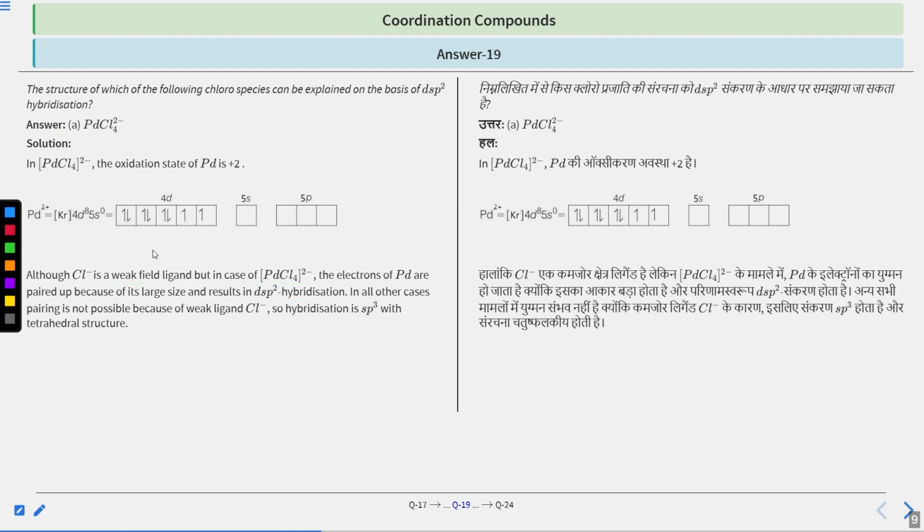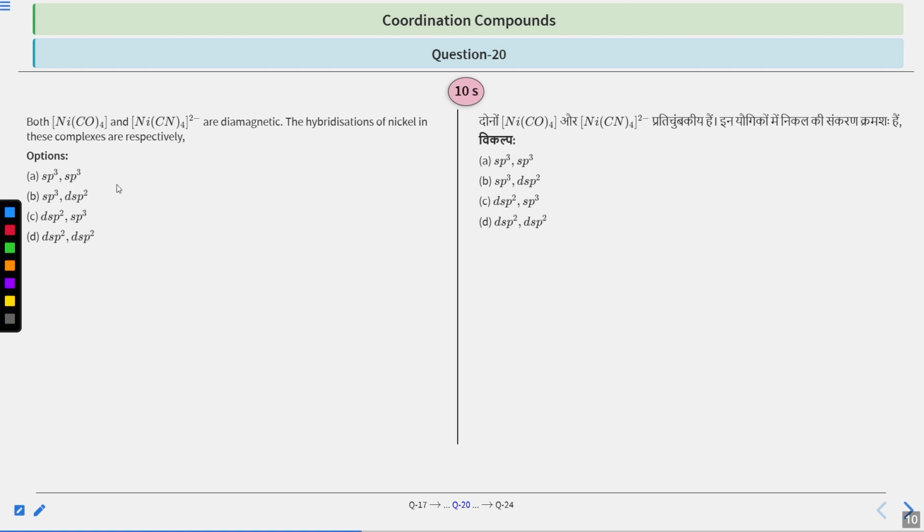Okay, let's move on to the next question. Question number 20. Both [Ni(CO)4] and [Ni(CN)4]2- are diamagnetic. The hybridizations of nickel in these complexes are, respectively, what?